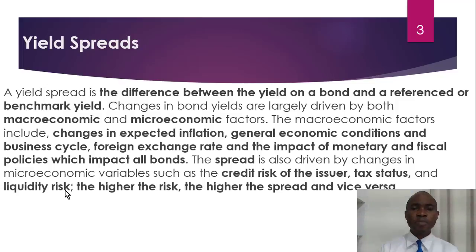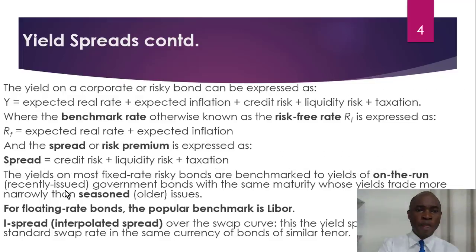These variables affect every bond issuer in the market. But microeconomic factors refer to firm-specific, bond-specific factors. These are credit risk, the tax status, liquidity risk, and some other factors. The higher the risk, the higher the spread, and vice versa.